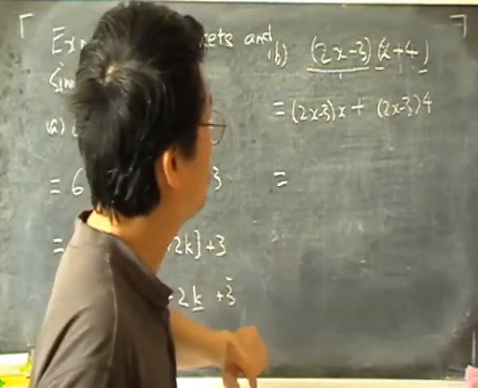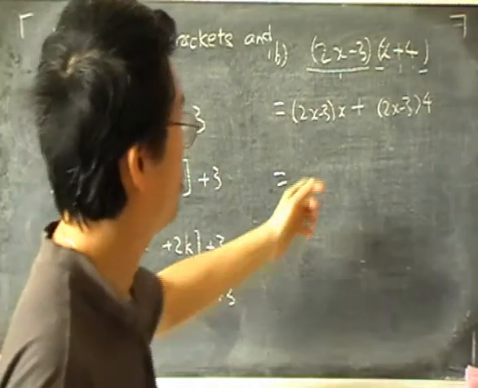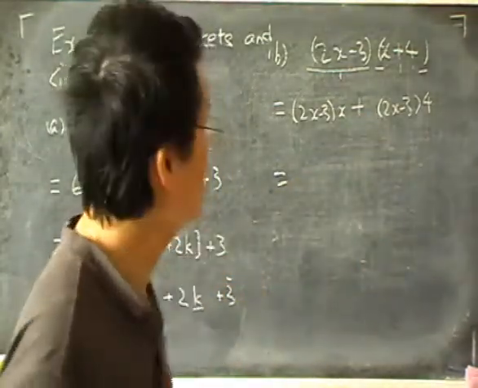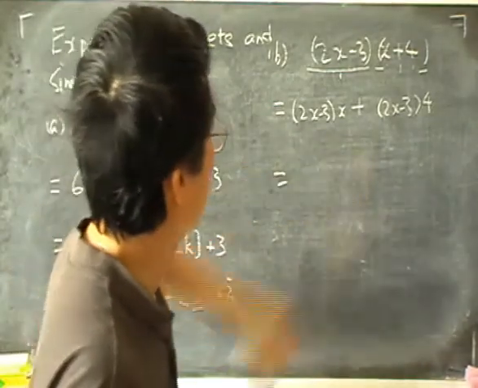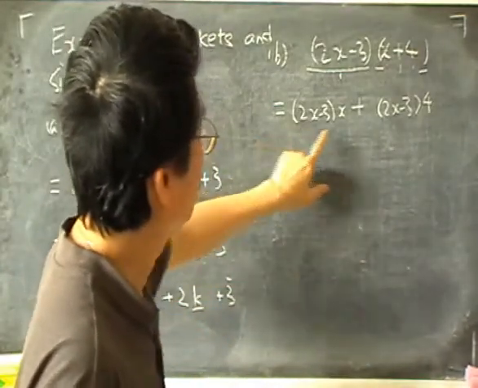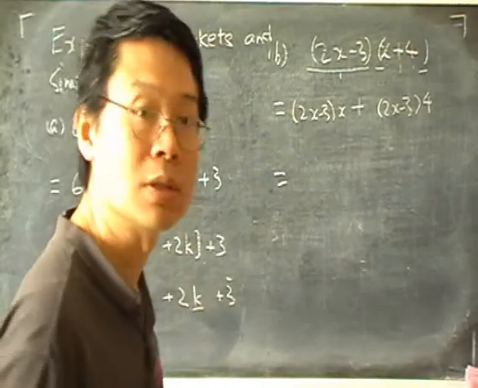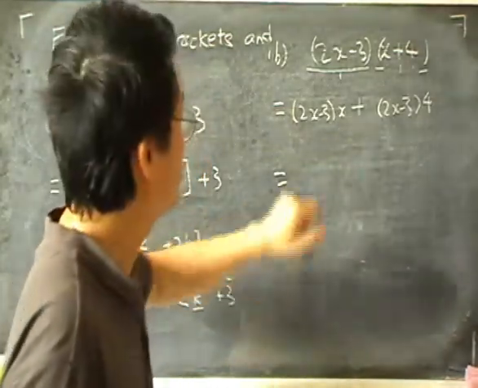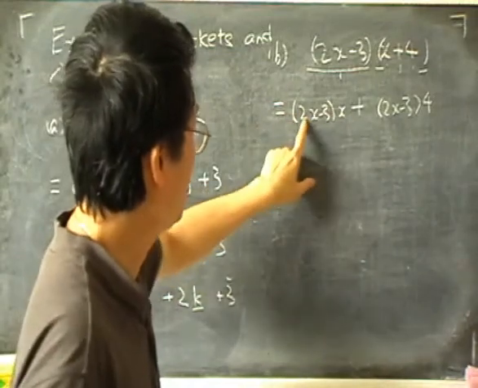In an expression in algebra, we think of terms as being separated by plus or minus signs. So let's look at the first term. I now want to remove these brackets, and x is the number outside. So to remove these brackets, I must multiply each term.